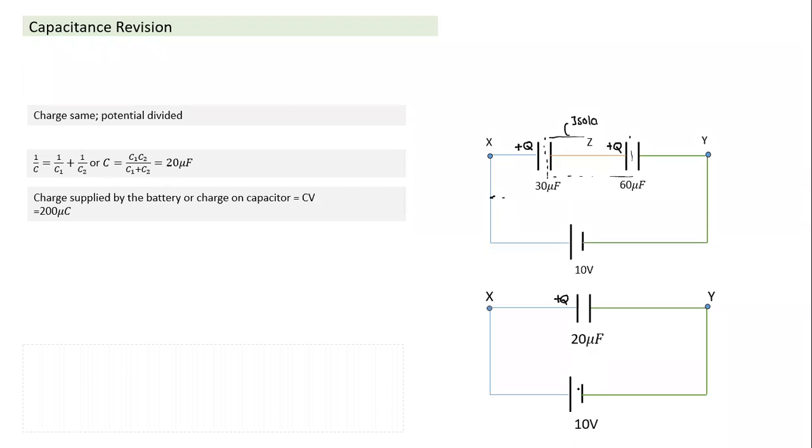Second thing, charge supplied by the battery. In this case, what is the charge supplied? The ideal way to think of charge supplied by the battery is, if the charge supplied is 200 microcoulomb, it means so much charge has left the positive plate. Though electrons move, we talk about the motion of positive charge here. This positive charge of 200 microcoulomb has gone to this plate here, and as soon as positive charge reaches here, overall capacitor charge has to remain zero.